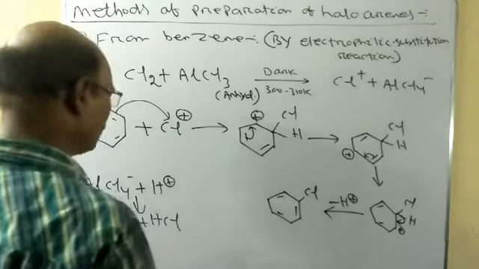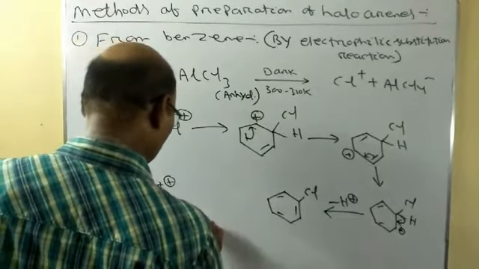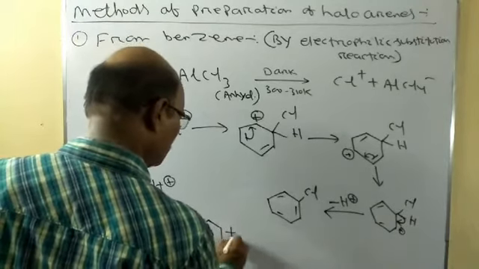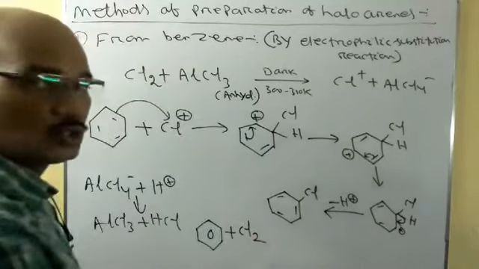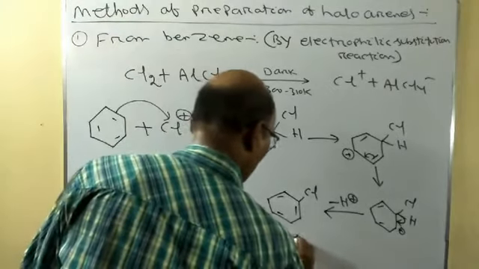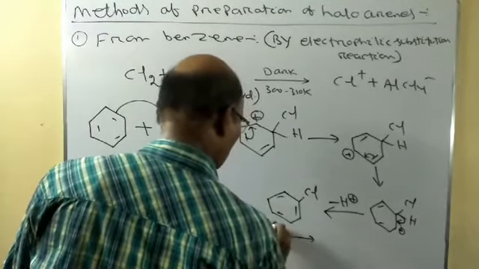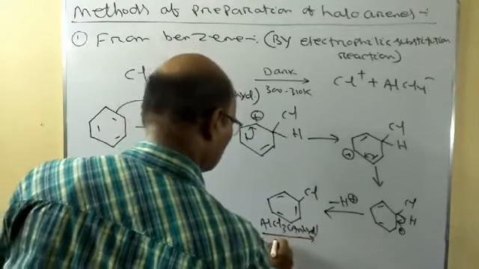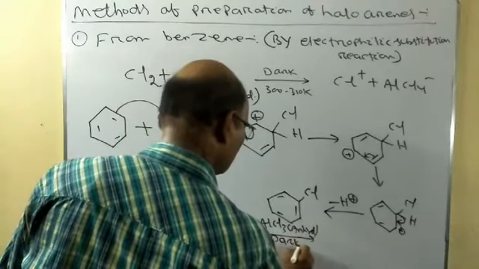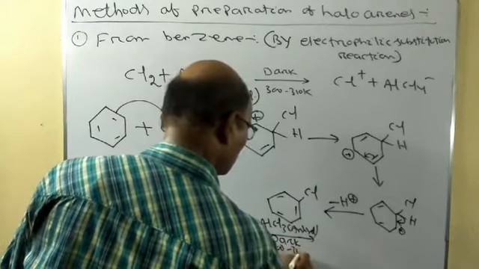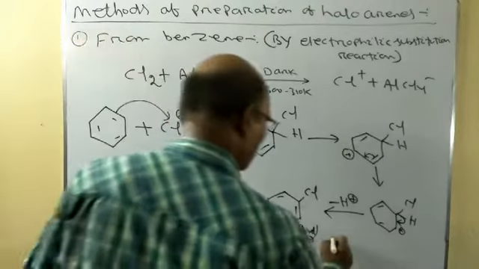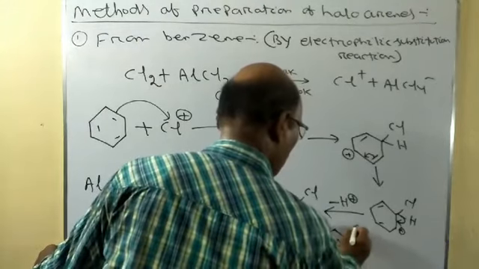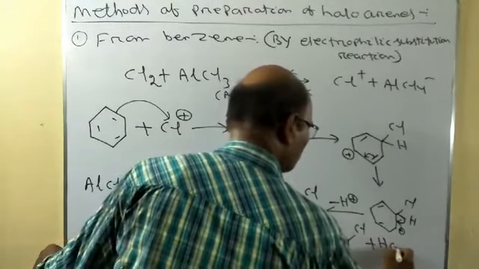So what you can write? Benzene plus Cl2, anhydrous AlCl3, dark, 300 to 310 Kelvin, will give chlorobenzene plus HCl.